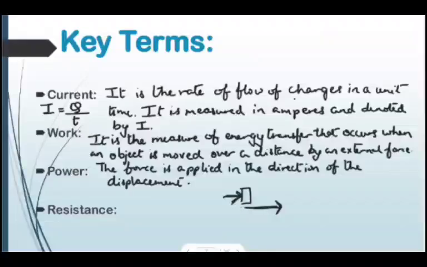So that's when it is known as work. If you're pushing something and something is happening in another direction, it is not considered as work. The force applied and the direction of the displacement of the object have to be the same.